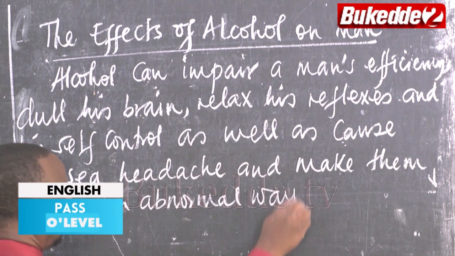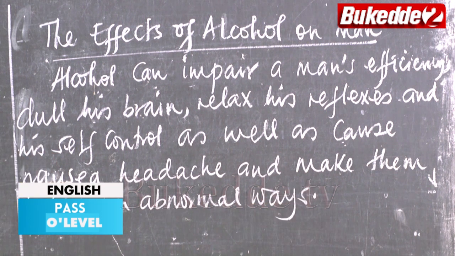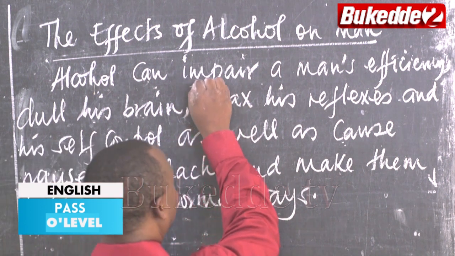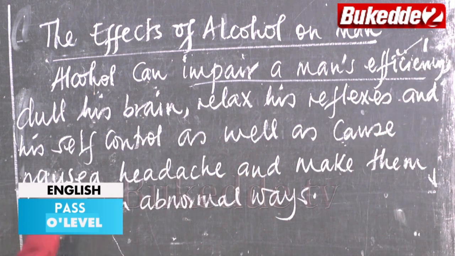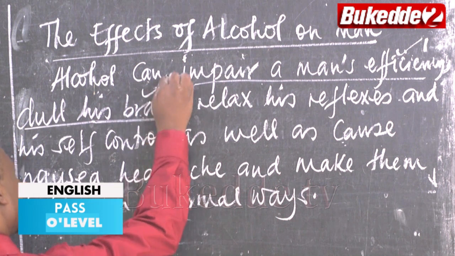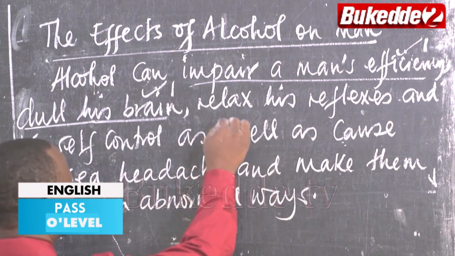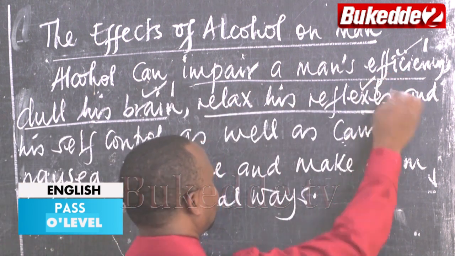Okay? Now, where are the points? I'm going to show you that in that sentence there are about 7 points. It can impair a man's efficiency, that's 1, tick. Dull his brain, that's 1, tick. Relax his reflexes, those are 3.